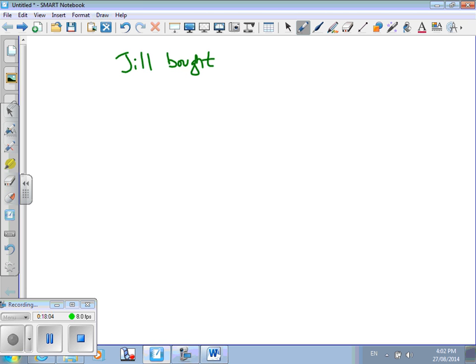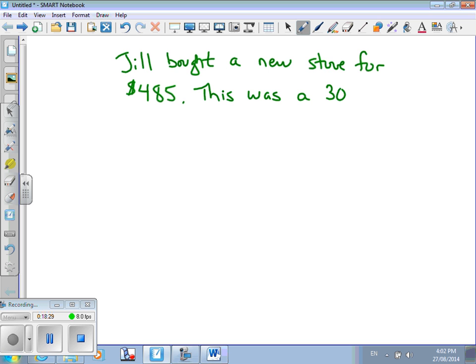Jill bought a new stove for $485. This was, let's say, 30% discount because it was a floor model.